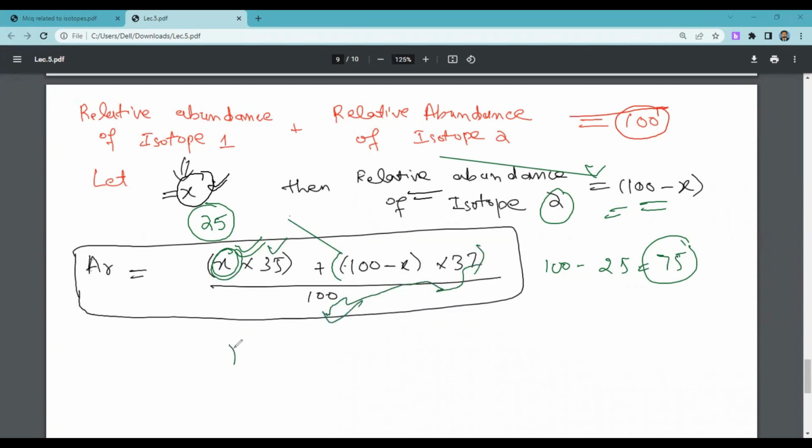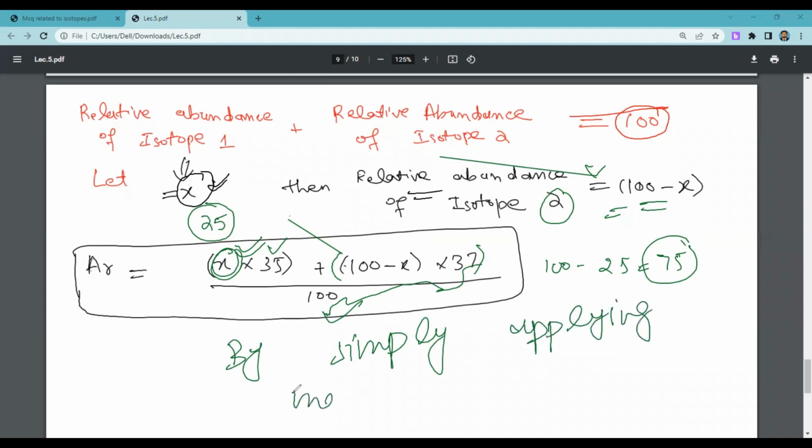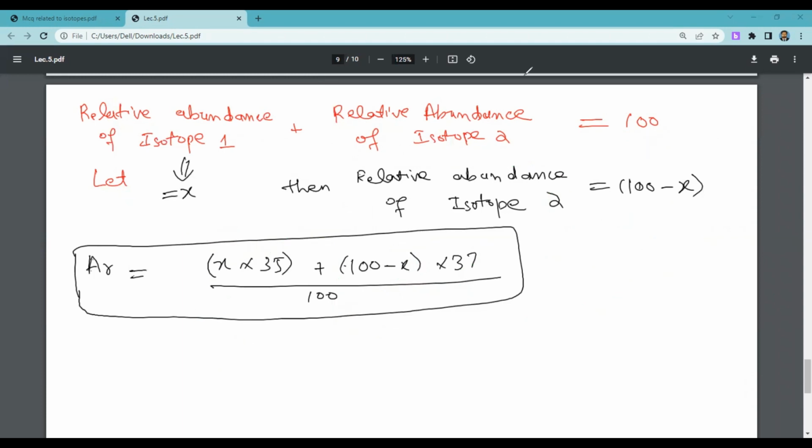By applying mathematical terms and simplifying, you will get the value of x. When you get the value of x, you can find the abundance of the other isotope also. I hope this is clear. Now we will do some practice so that this topic becomes clear.